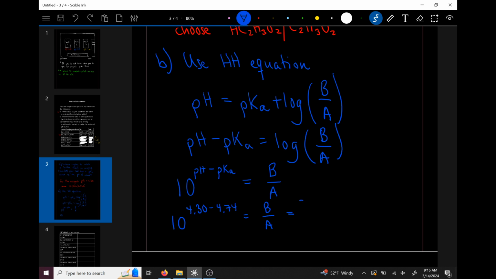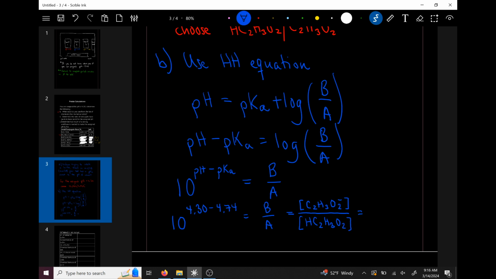So it's the concentration of the acetate ion, C2H3O2. Remember that it's not actually concentration, it's just activity, over the acid form, HC2H3O2.